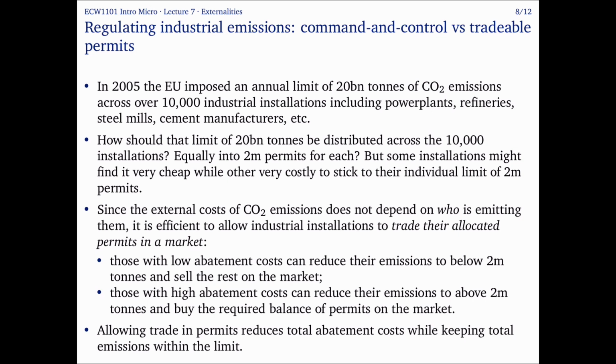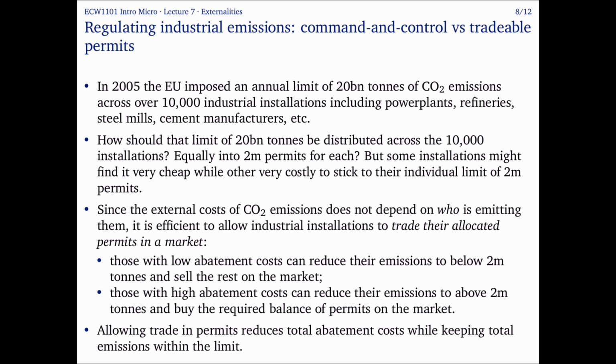So in the mid-2000s, the European Union came to the decision that they were going to cap CO2 emissions from the biggest industrial emitters. So the biggest industrial plants in Europe, roughly 10,000 of them, had to emit up to 20 billion tons of CO2 per year. So that's the limit that they decided on.